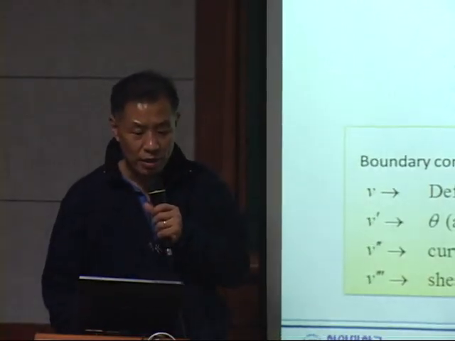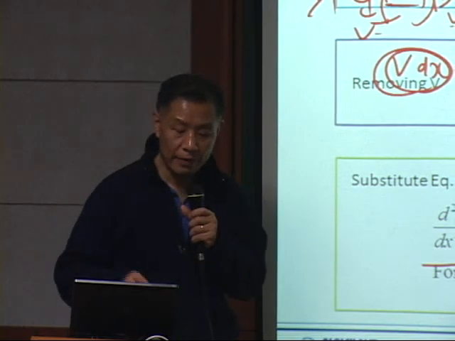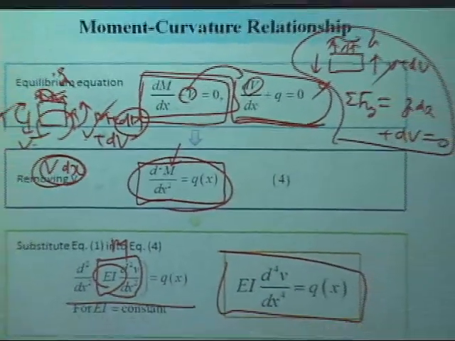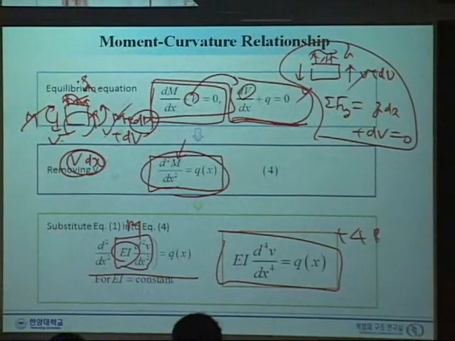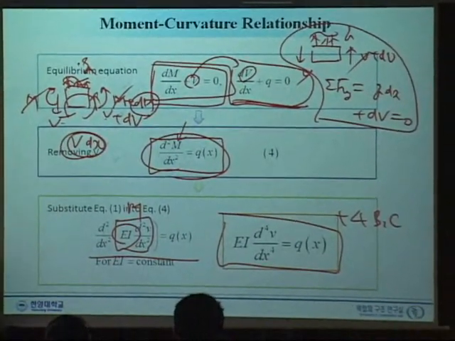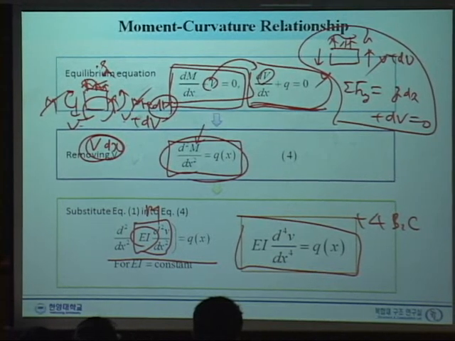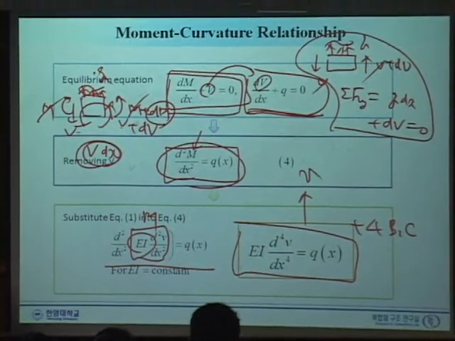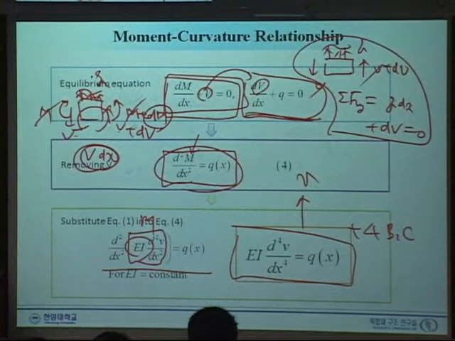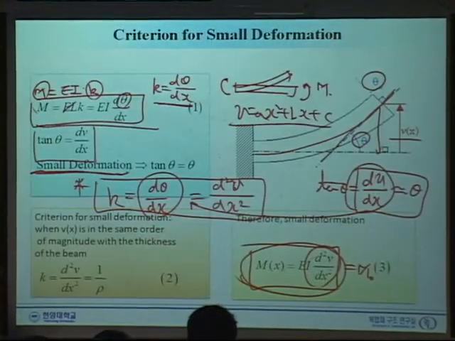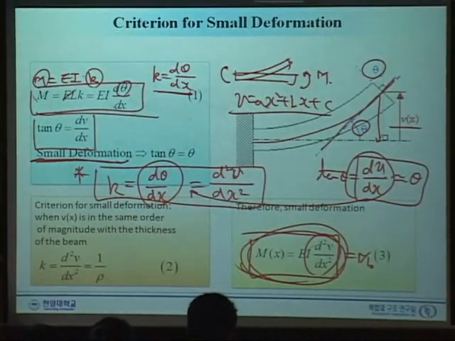Once we have this one, it means that we need to have four boundary conditions together with this equation. With four boundary conditions, we will have V. Now, once we have V, look at the previous one, the second derivative.